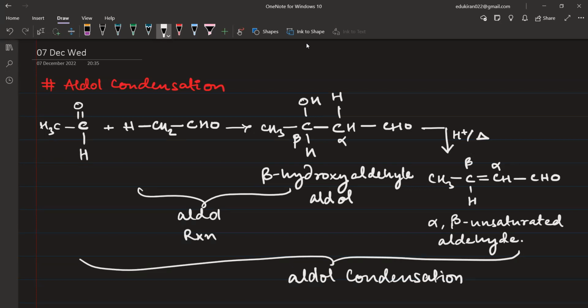Okay? If you are just forming a beta hydroxyaldehyde or ketone, that is the aldol reaction. And if you have the complete reaction with condensation, it is aldol condensation. In condensation, what happens? Water is removed. Write this down. Then we are going to write the statement for this.